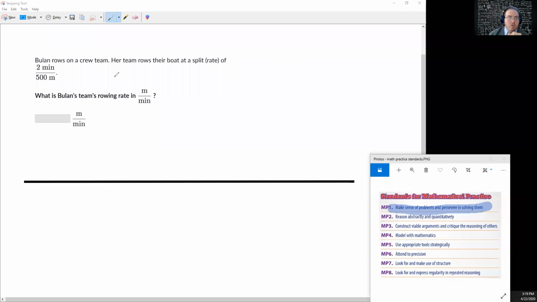So what I know is that every 2 minutes, this person rows 500 meters. Okay, and we want to get this into meters per minute. That's strange that they flip-flop that, because in the top, it's minutes on top and meters on bottom.